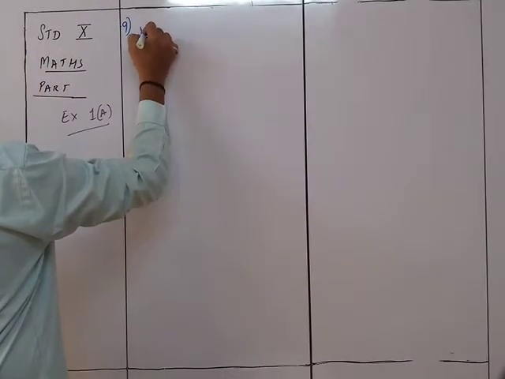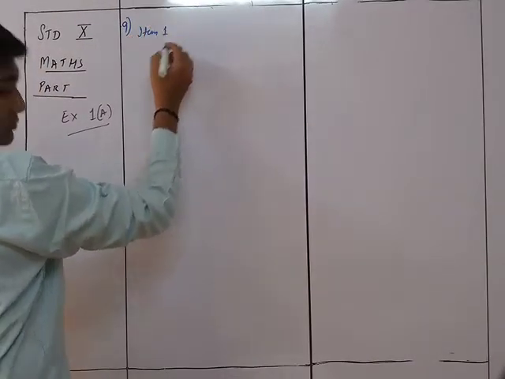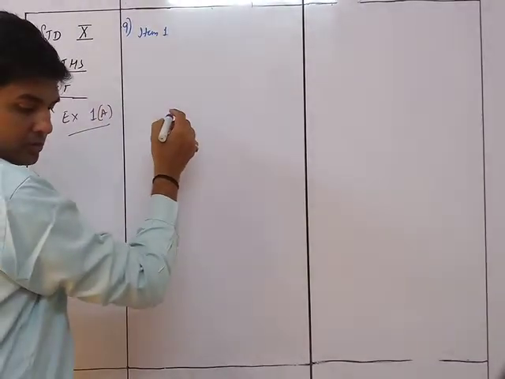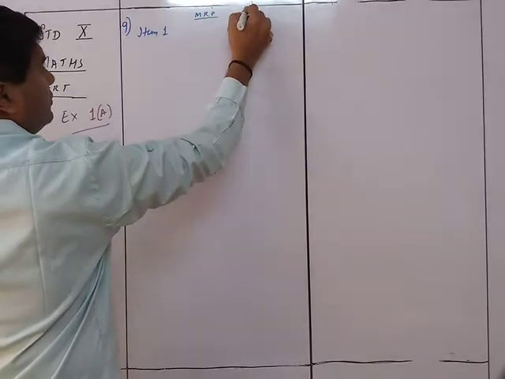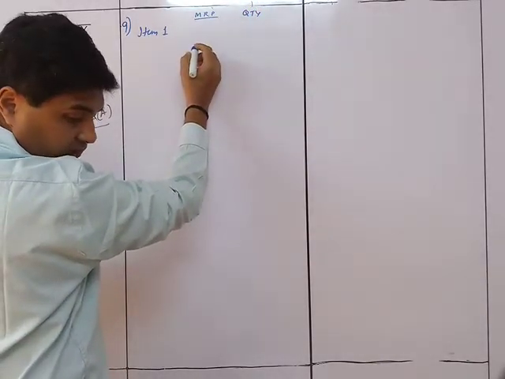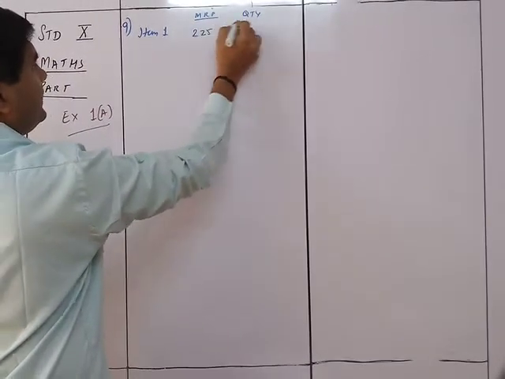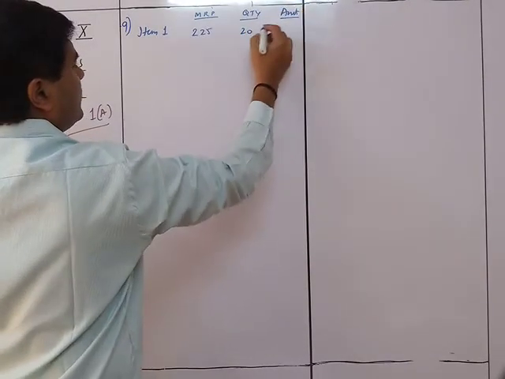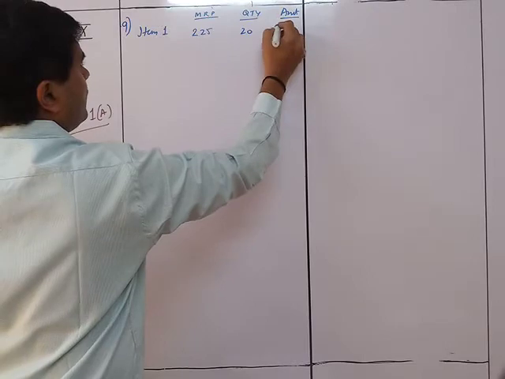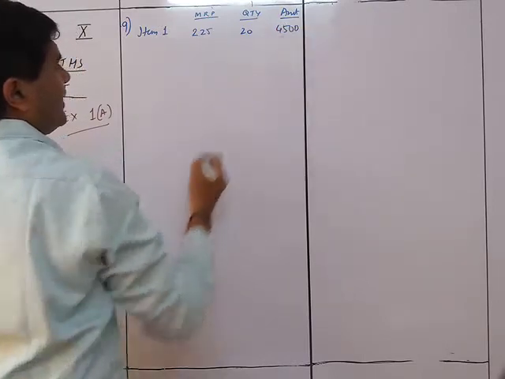So item 1: the MRP is 225 and the quantity is 20. So the amount is going to be equal to 4,500.